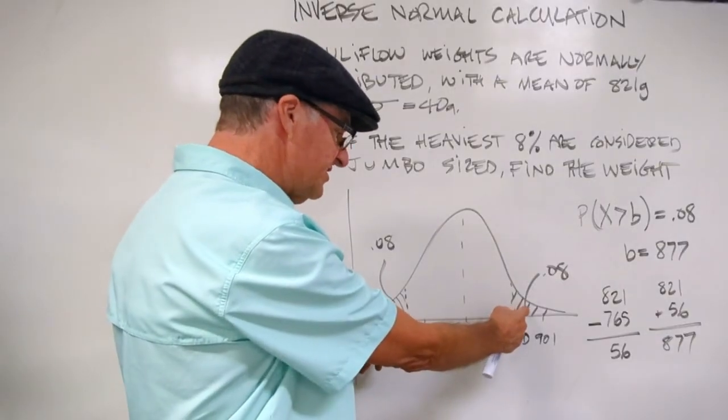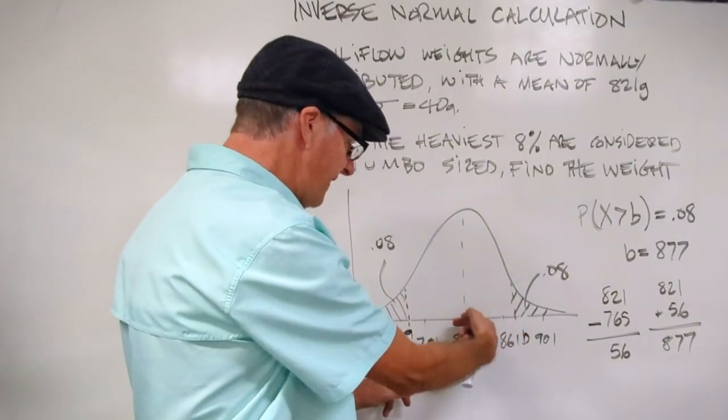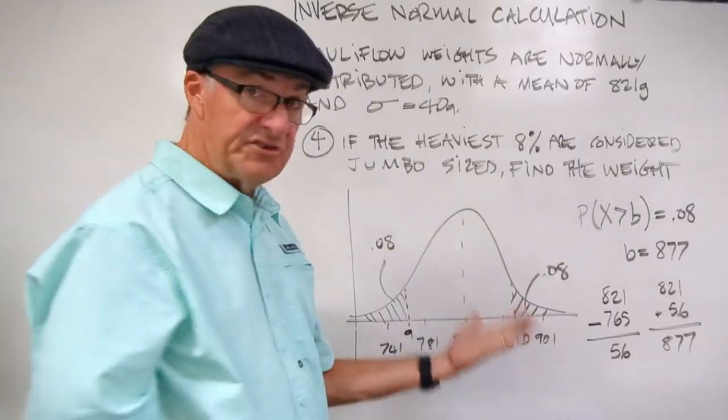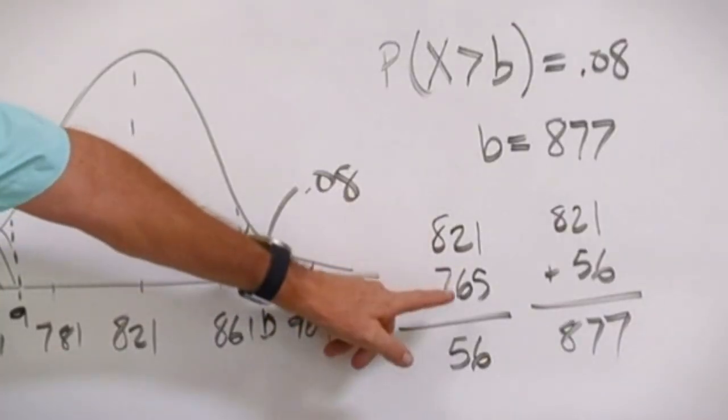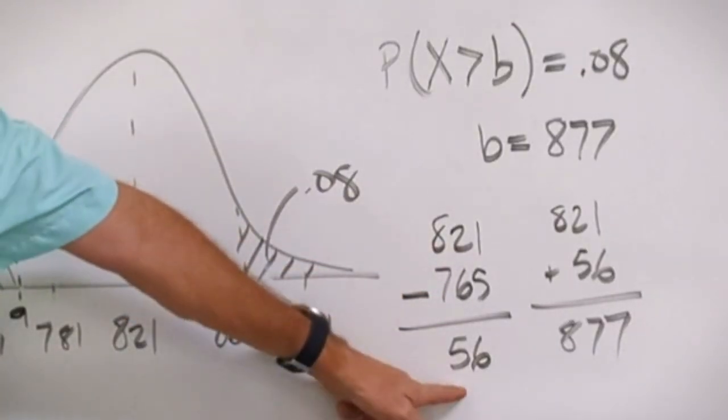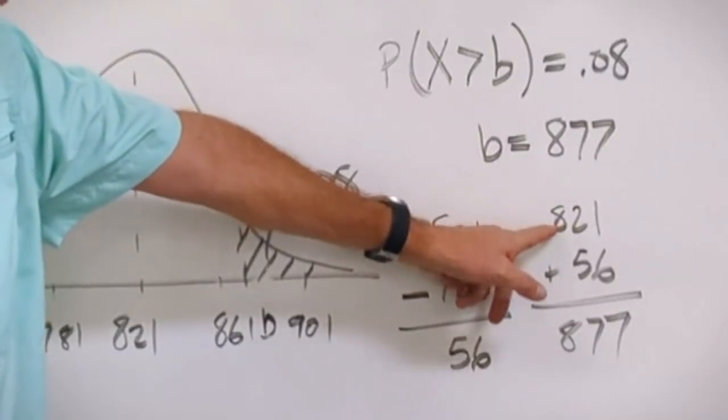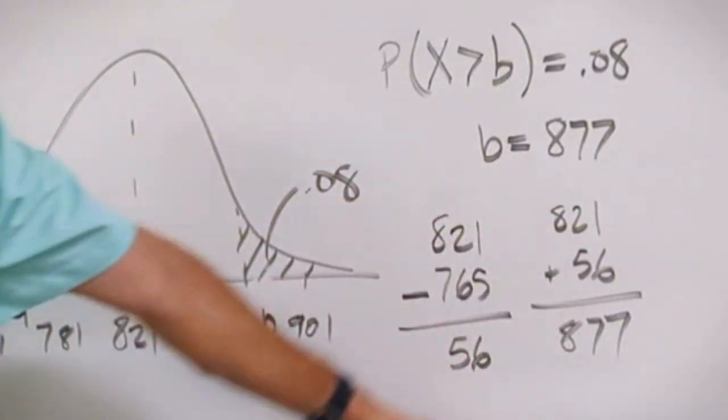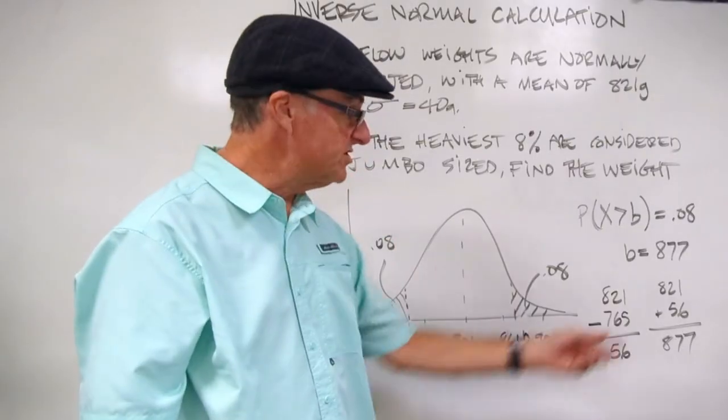So these areas are the same. It means that these A and B have to be the same distance from the mean. So I found that distance here by subtracting that lower boundary from 821. That gave me 56. So I went ahead and added 56 to the mean again, and I got 877. That's the same result that comes out of your calculator.